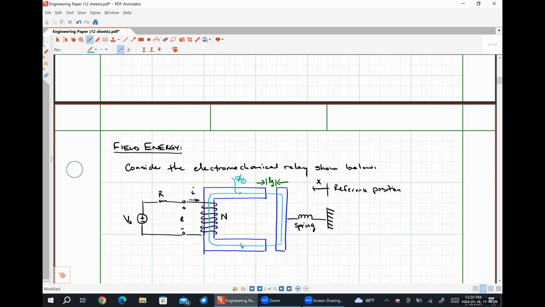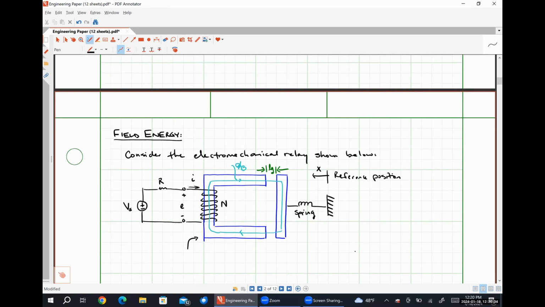Like so. And just for clarification's sake, we're going to say that that horseshoe-shaped bit is going to be completely stationary. So this is the stationary part of our energy conversion device. And then this plate, since it's connected to a spring, is the movable part of our energy storage device.